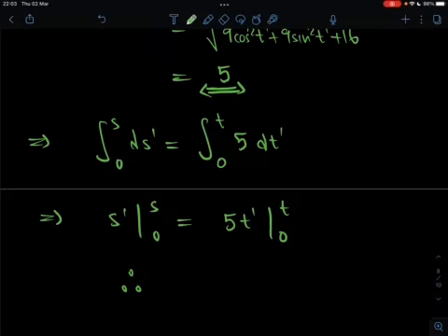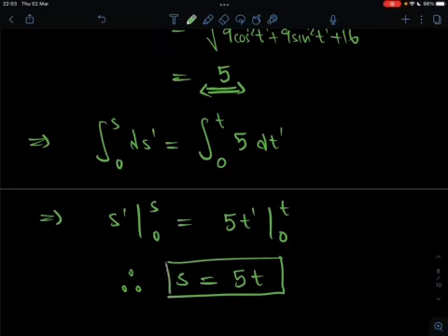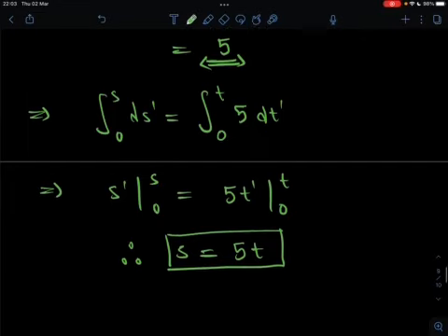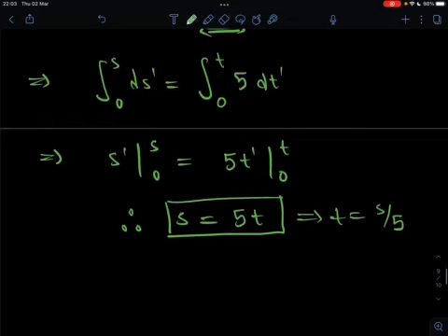So we can see that s is equal to 5t. This gives us a relationship between t and s, which means t can be replaced by s over 5. Now we go back to our curve, and wherever we see t, we replace that with s over 5.